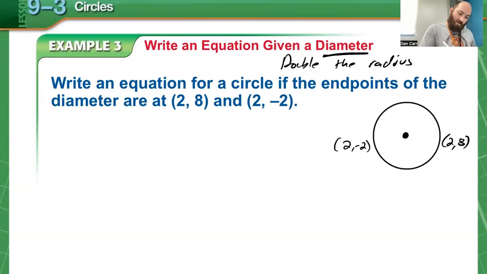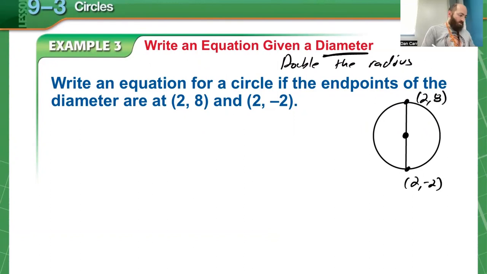It's going to be a vertical diameter like that. This will be (2, -2), and this will be (2, 8). So I'm just doing this as a rough sketch.